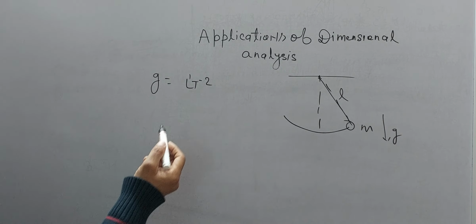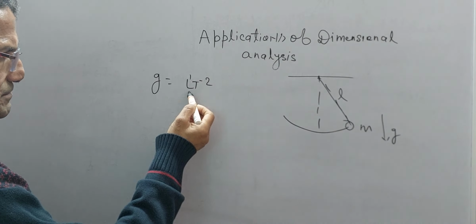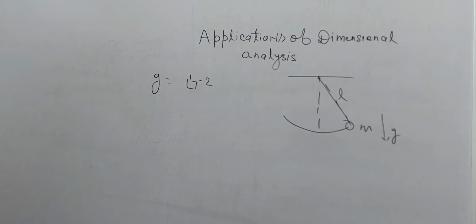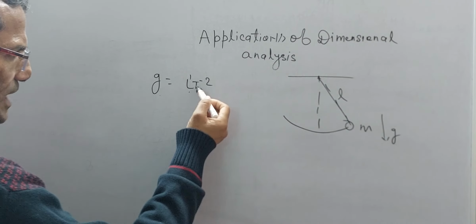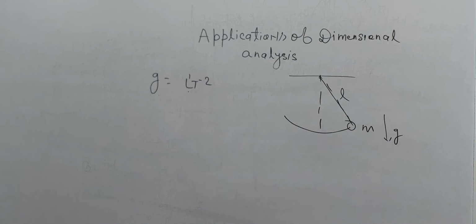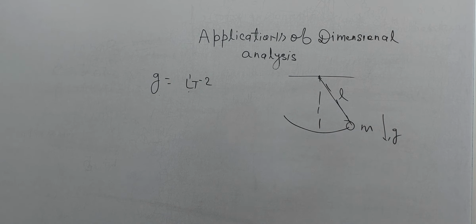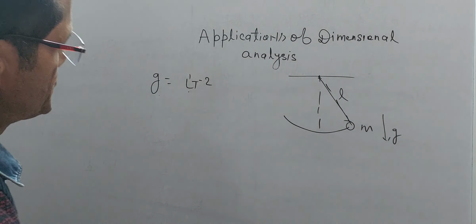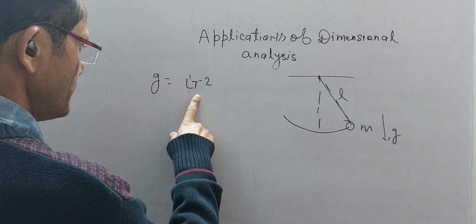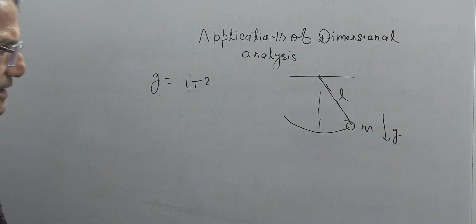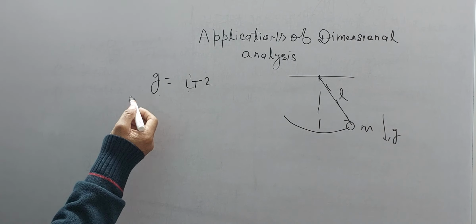So 1 is the dimension of length in g, and minus 2 is the dimension of time in g. So let us start how to calculate the relations between these variables.